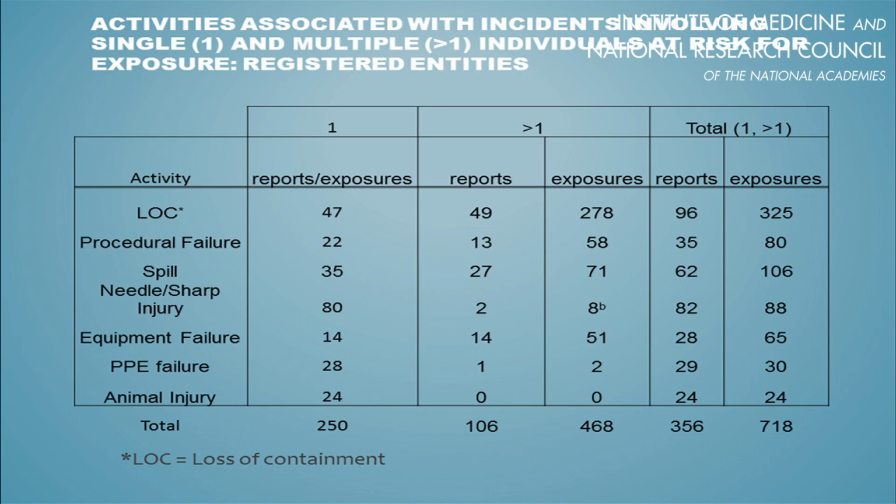And when we looked at the registered sector, we found that for single exposure events, needle sharp injuries were the most commonly associated activity with these events. For multiple exposure events in registered entities, we found that the loss of containment condition and a common spill were the activities most likely involved in those reports.